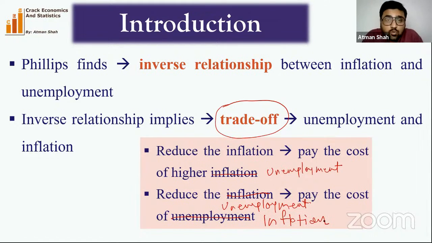So this shows that the policymaker cannot reduce the inflation and unemployment simultaneously in the economy. If they want to reduce the inflation, they have to pay the price in terms of higher unemployment. And if they want to reduce the unemployment, they have to pay the price in terms of higher inflation.